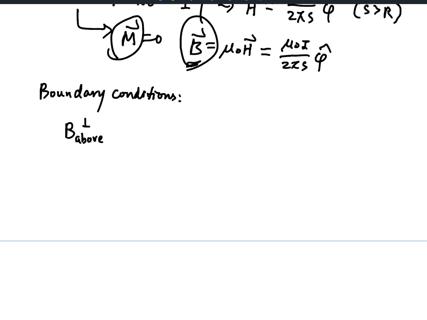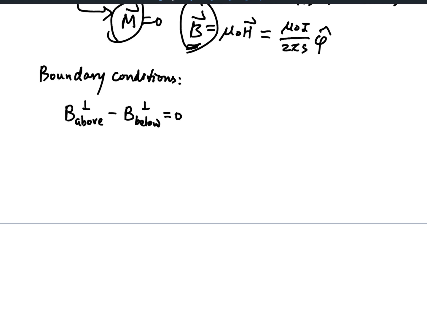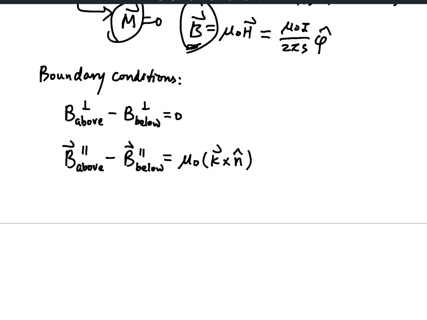You remember previously, if there is a surface that has current, then the B field above and below that surface, for the component perpendicular to the surface, is continuous, so the difference equals 0. For the parallel one, the B field parallel to the surface equals mu 0 K cross n, where K is the surface current.